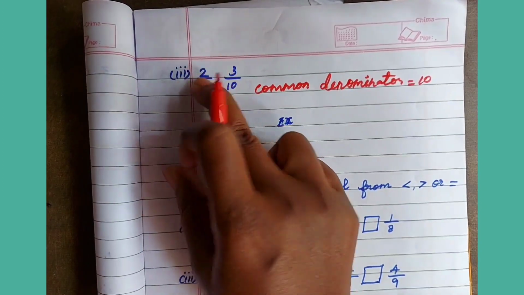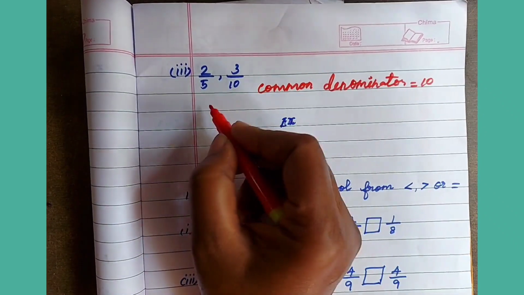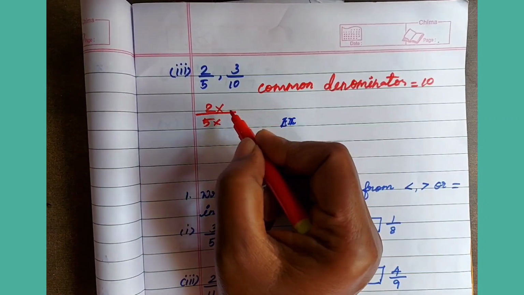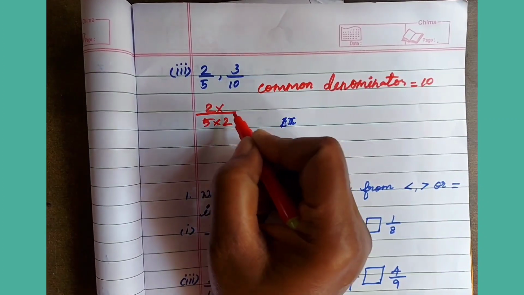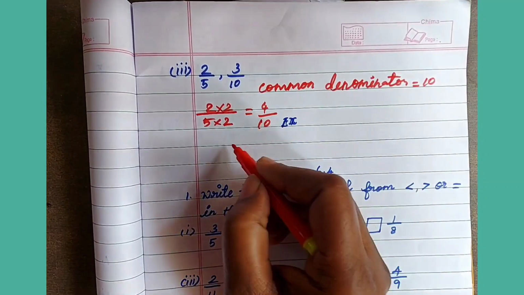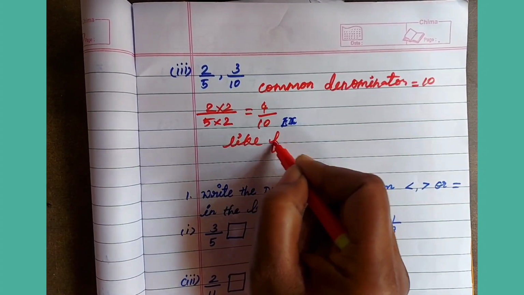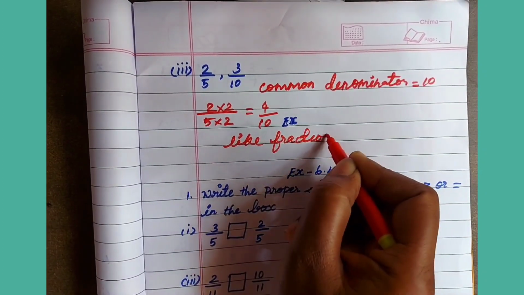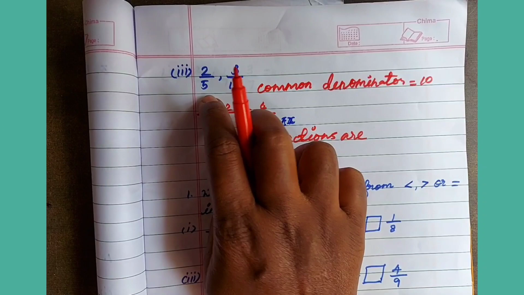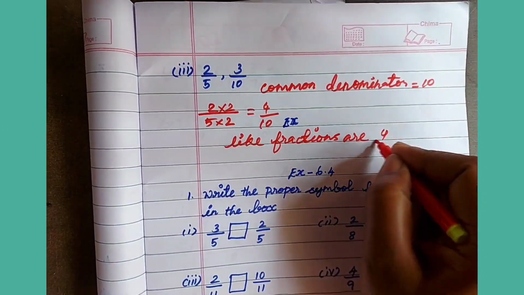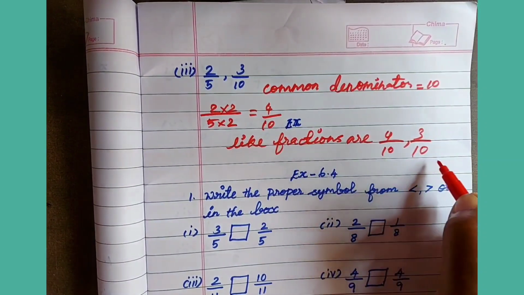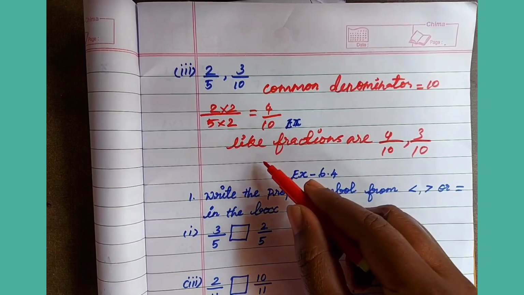So we have to change this fraction only. 2 by 5, we multiply by 2. 2 2s are 4, 5 2s are 10. So the like fractions are 4 by 10 comma 3 by 10. The same denominators are there, so these are like fractions.